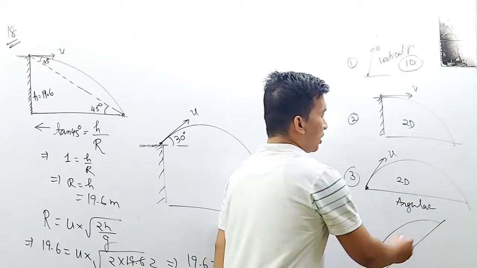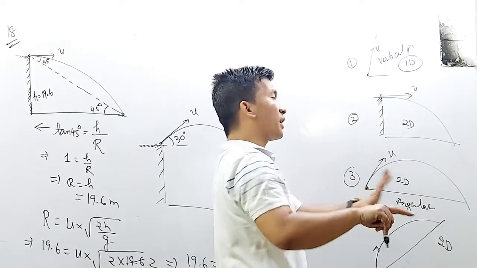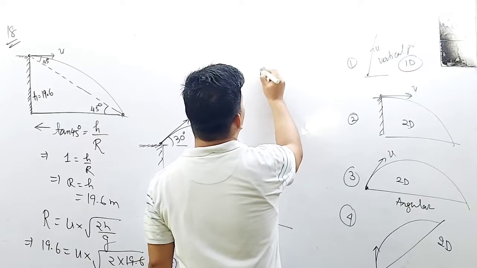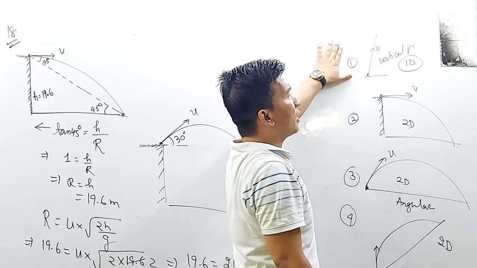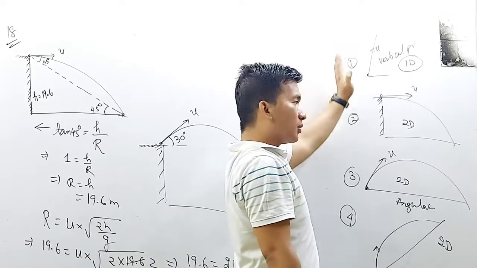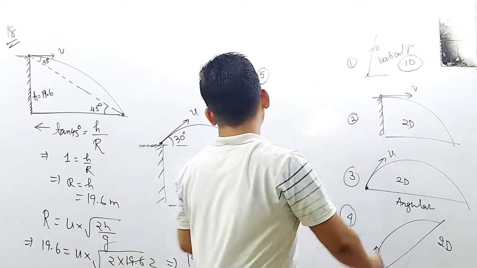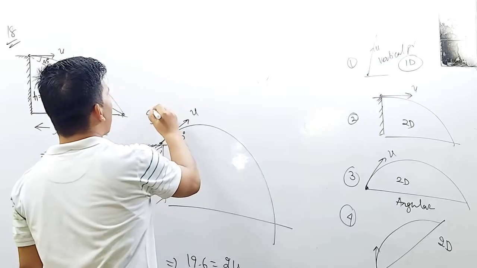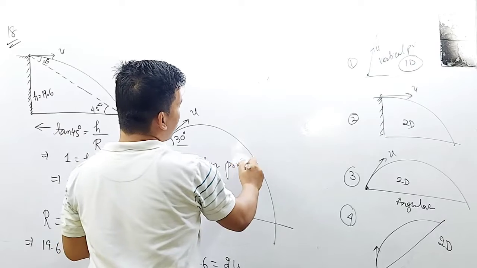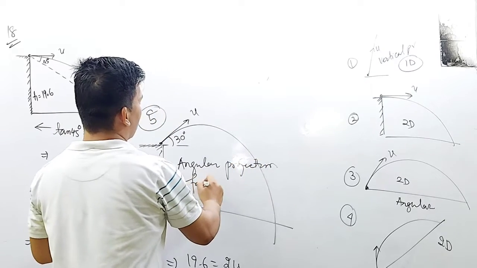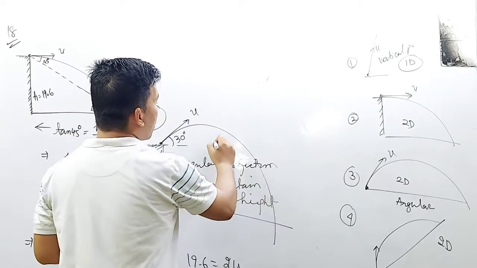This is also two dimension, the third type. Now the fifth type of questions: case number 1 for one dimension, case number 2, case number 3, case number 4, case number 5. Case number 5 is drawn over here. This is our case number 5: angular projection from certain heights. I understand because this is also 2 dimension.